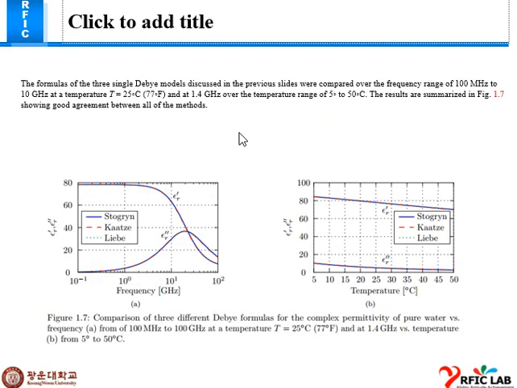As you can see, this has three Debye models as described in the previous slide, compared over the frequency of 100 megahertz to 10 gigahertz at a temperature of 25 degrees Celsius, and at 1.4 gigahertz over the temperature of 5 to 50 degrees Celsius, and the results are summarized in this diagram.